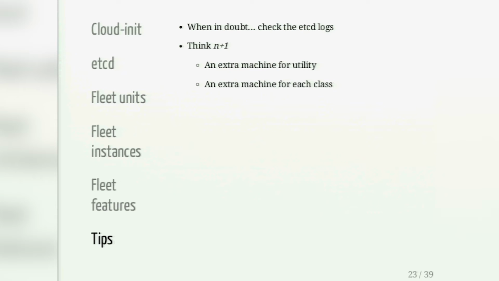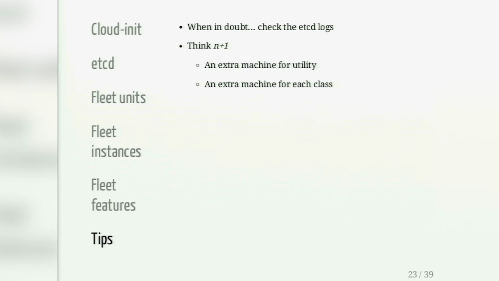Spin yourself up an extra box in the cluster for utility, and then make sure that there's an extra machine for each class of service. So if you're going to say, I want 3 instances of Asterisk, make sure you spin up 4 machines. That way when one of the machines dies, Fleet has an extra space to spin up an extra Asterisk instance.